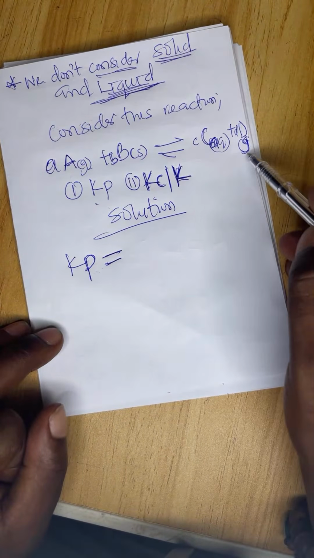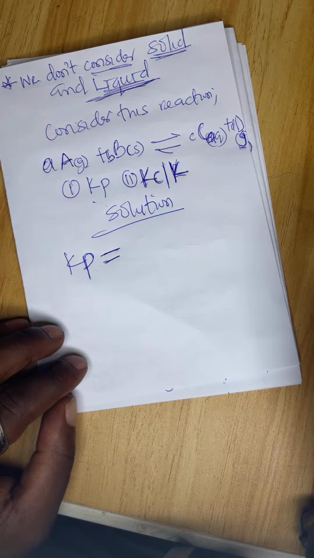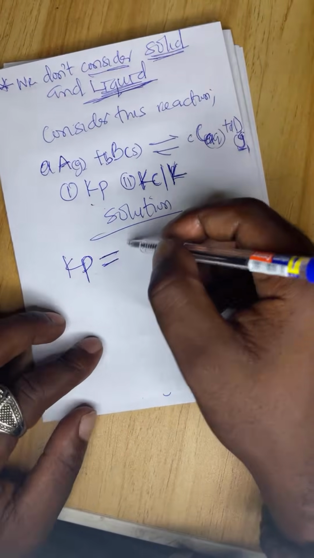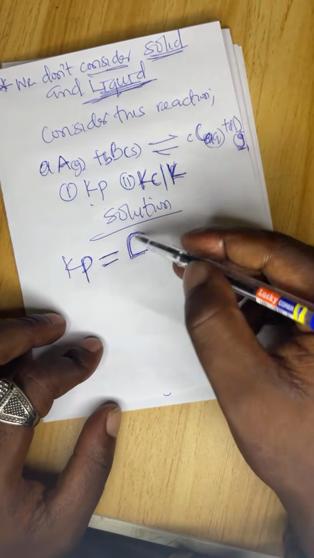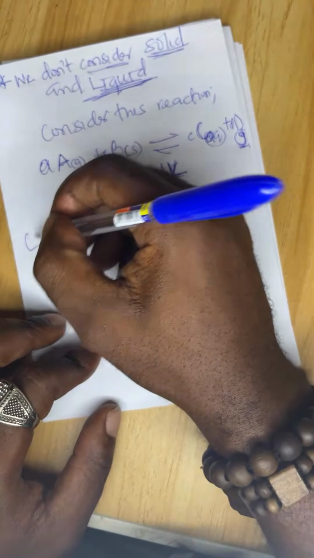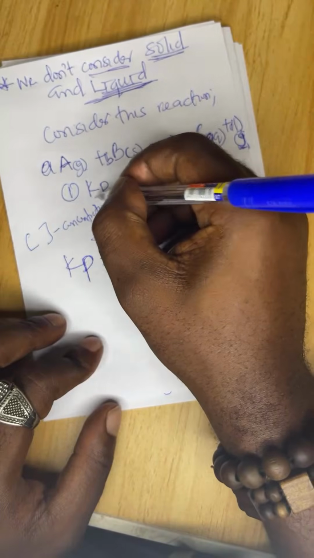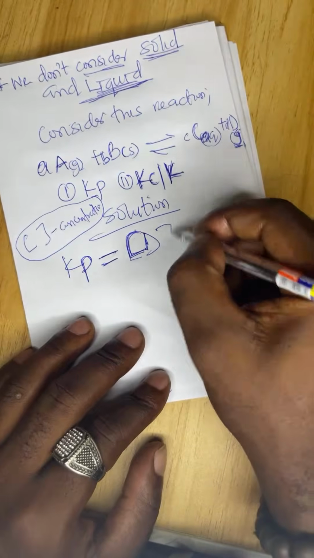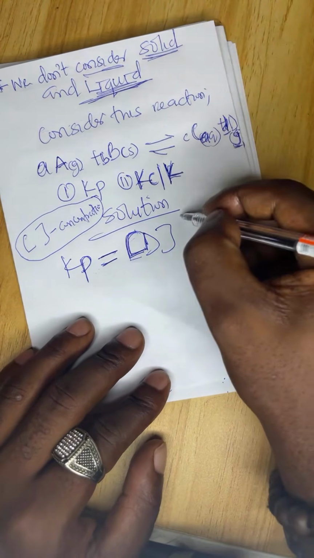Which one has a state that is gas? D, exactly. D is in gaseous state, so you write it like this. These two brackets mean concentration, don't ever forget. The coefficient of D is small d, so you raise it to the power.